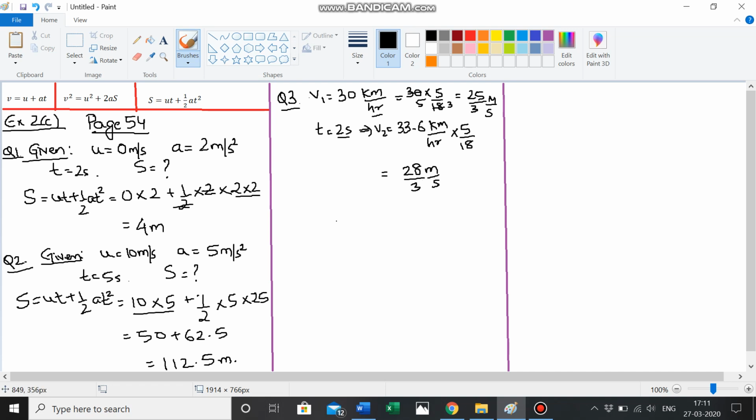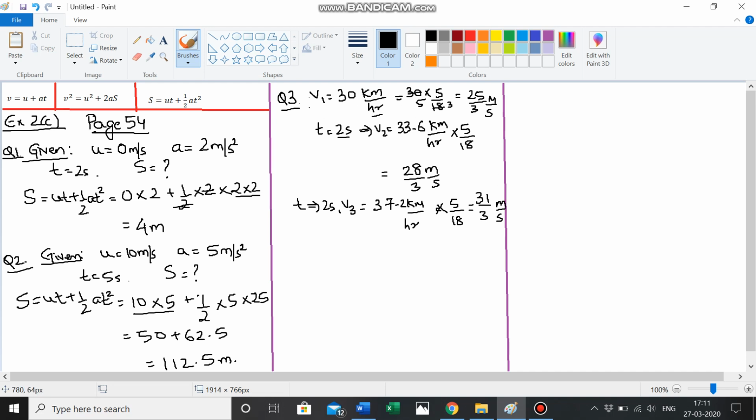Next line, it says after 2 more seconds pass, velocity 3 is 37.2 km per hour. Let's convert this also into meter per second by multiplying by 5 upon 18. This is 31 upon 3 meter per second.